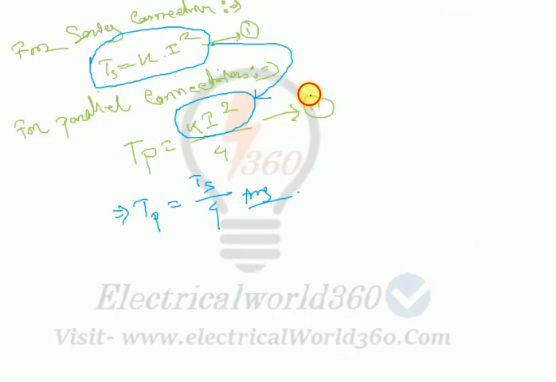So TP, the torque for parallel connection, is equal to K I square by 4.